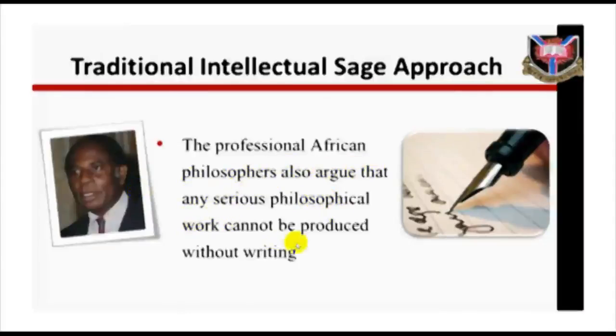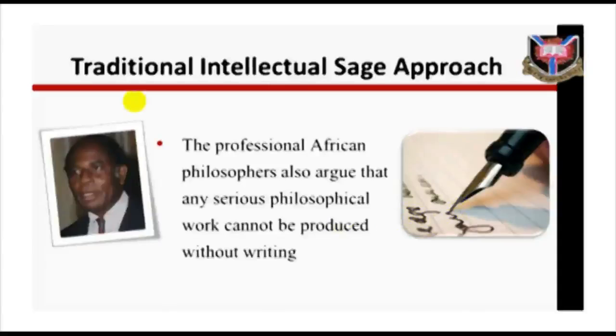For this reason, such views cannot pass as real philosophy. Second, the professional African philosophers, like Peter Bodunrin, also argue that any serious philosophical work cannot be produced without writing. And since the traditional sages are not educated and do not write, they cannot possibly do philosophy.